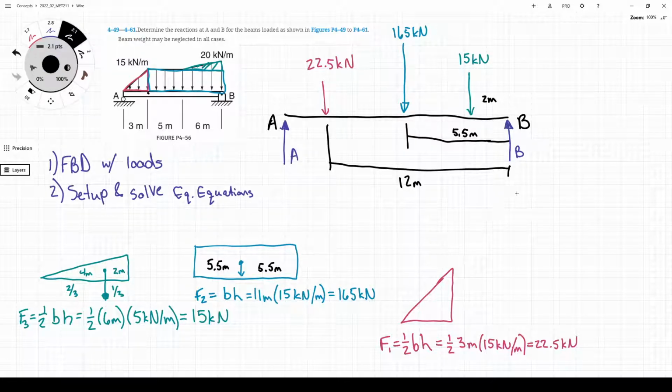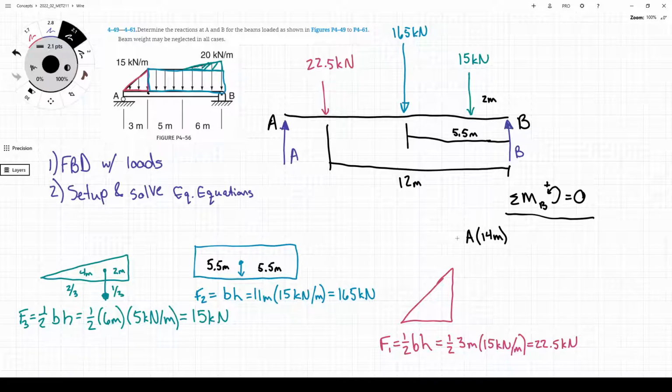So we'll start with the sum of moments about point B. Counterclockwise is positive. That sum of moments has to be equal to 0. So our first moment is going to be the moment due to A. So we've got A times the distance to point B, perpendicular distance is 14 meters.